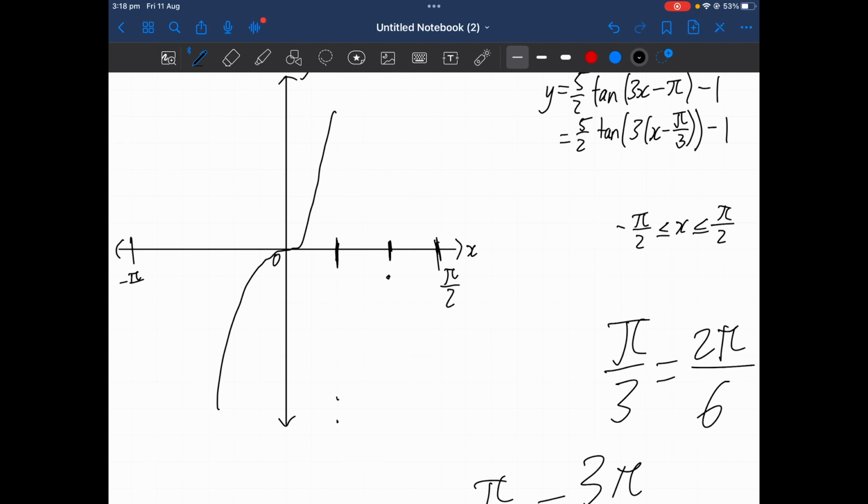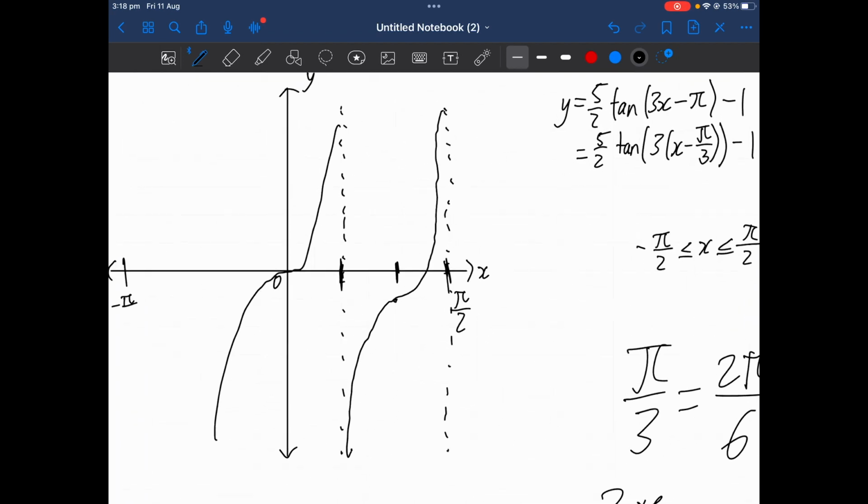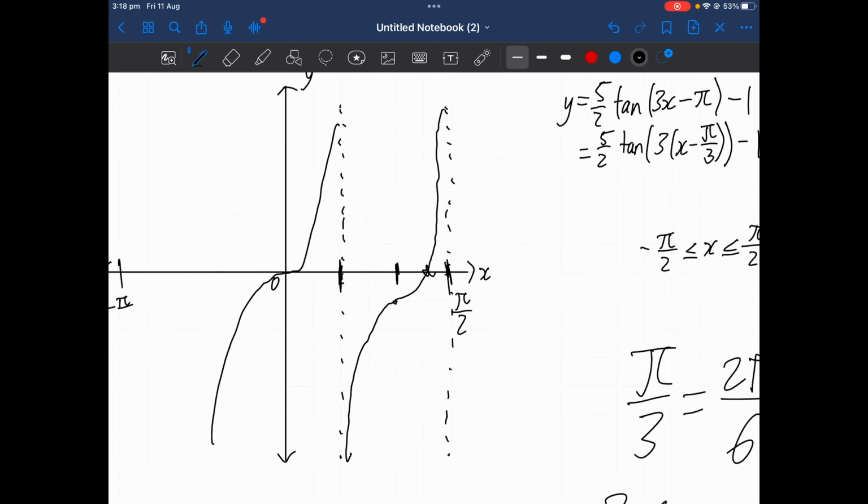So the asymptote is going to be here. Okay. And it's going to go something like this. The intercept probably doesn't matter too much, unless they specify that you want to find what that is.